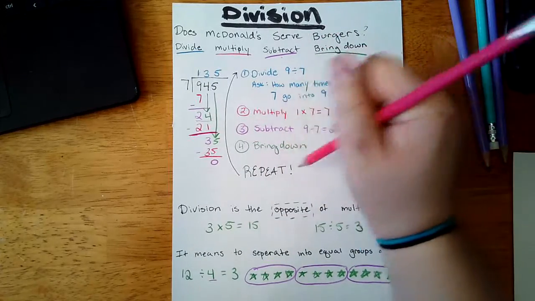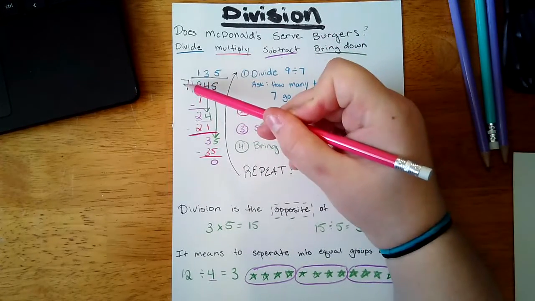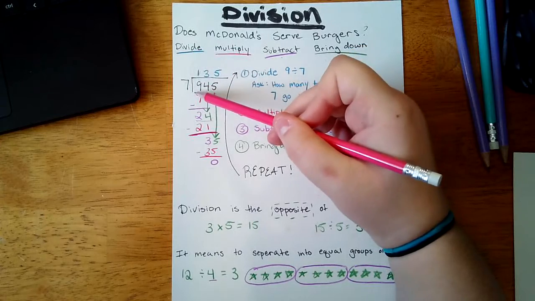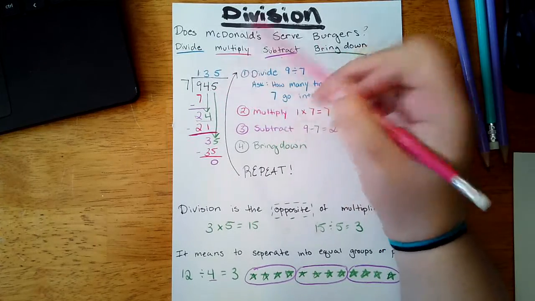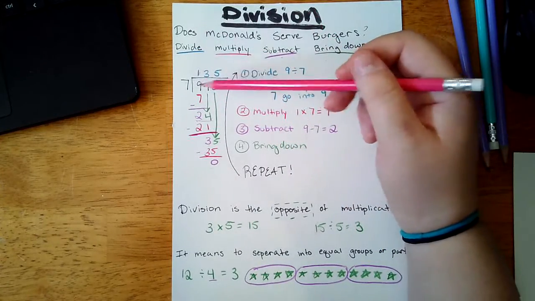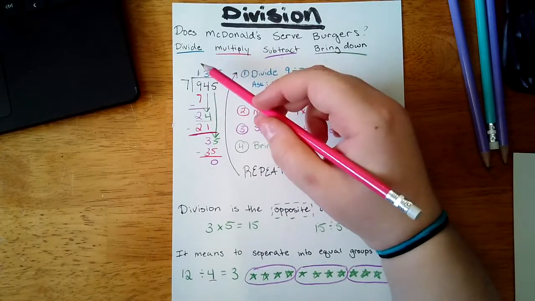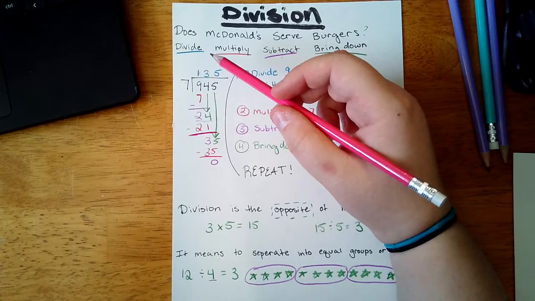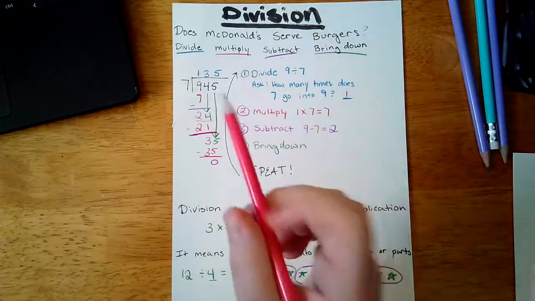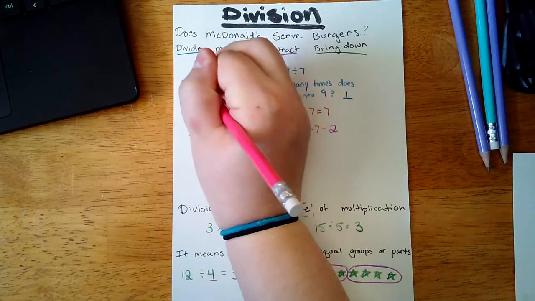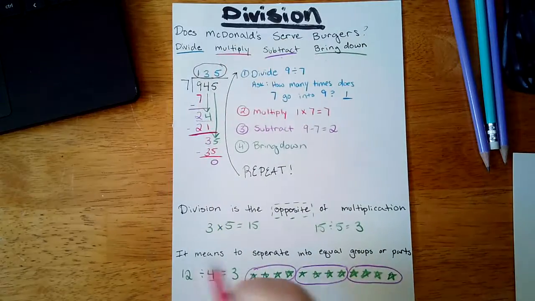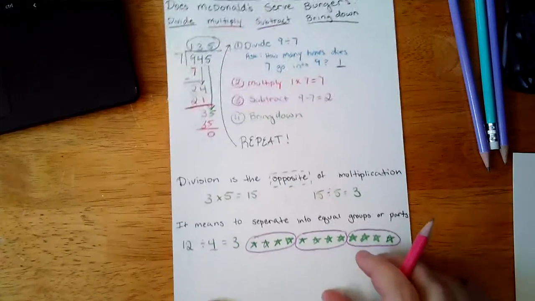So that's how we know that we are finished. So 945 divided by 7 gives us a total of 135. Okay, so this would be our final answer, 135.